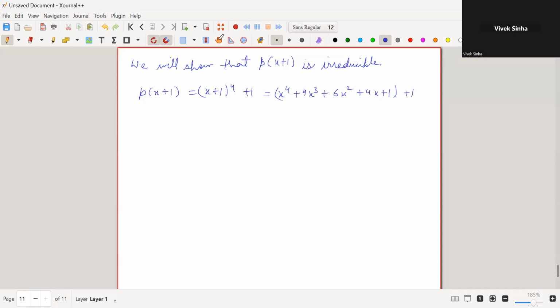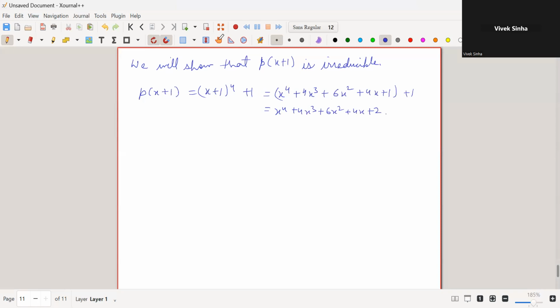The binomial theorem says x^n plus nC1 x^(n-1) and so on. Here the coefficient is 4C2, which is 4 factorial divided by 2 factorial times 2 factorial, so you will get 3 into 2, that is 6. So we have x^4 plus 4x^3 plus 6x^2 plus 4x plus 2.